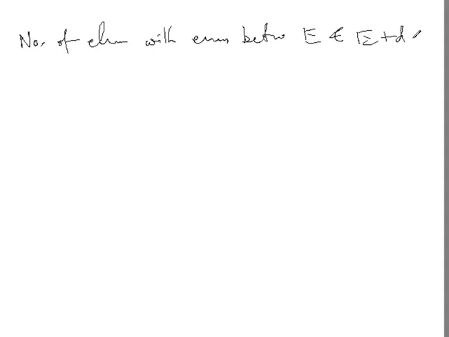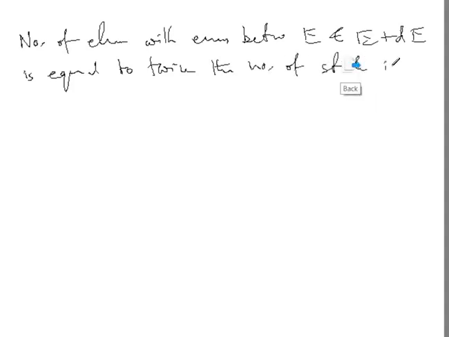The number of electrons with energies between E and E plus dE is equal to twice the number of states in this range.